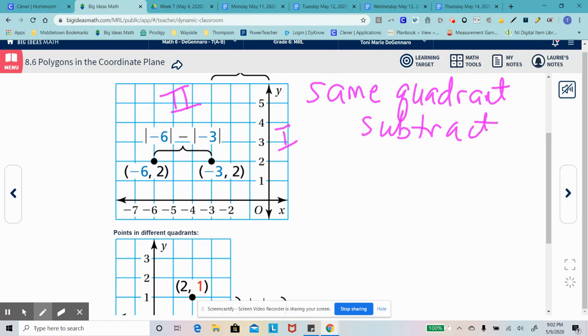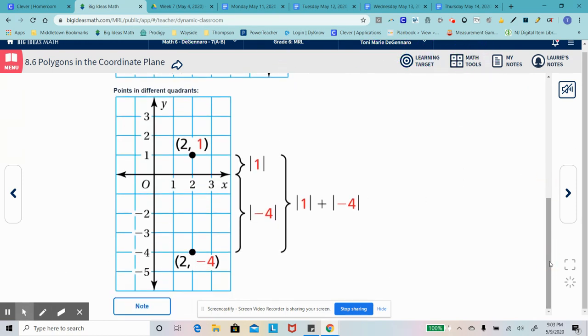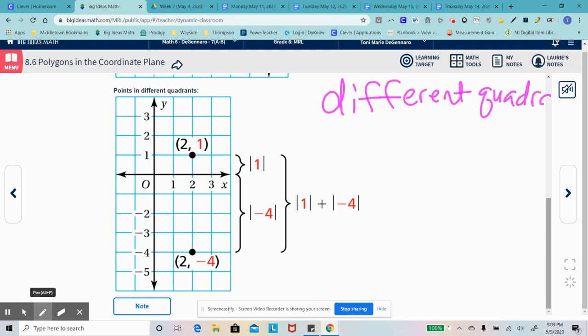If they are in different quadrants, like down here, you're actually going to add the absolute values.